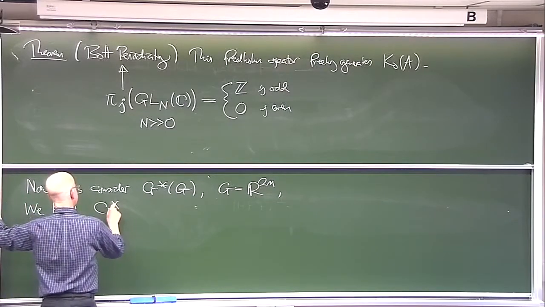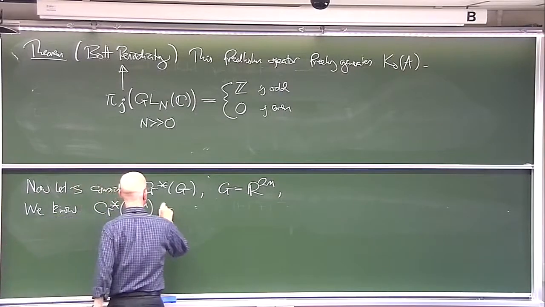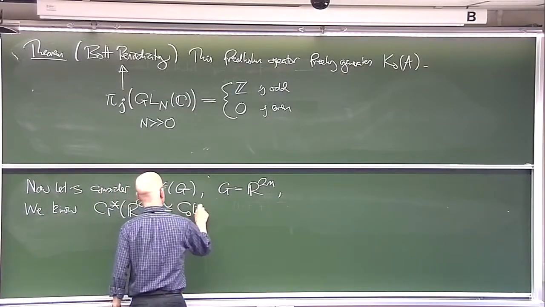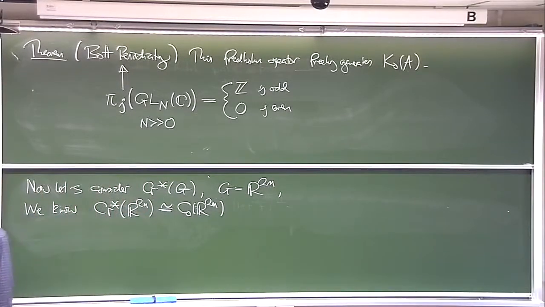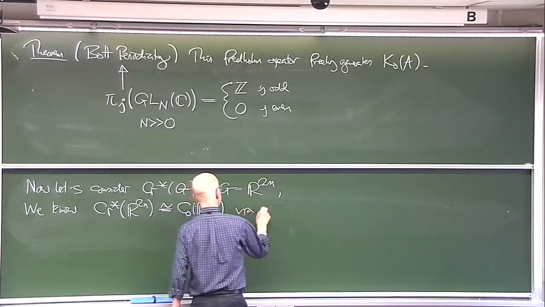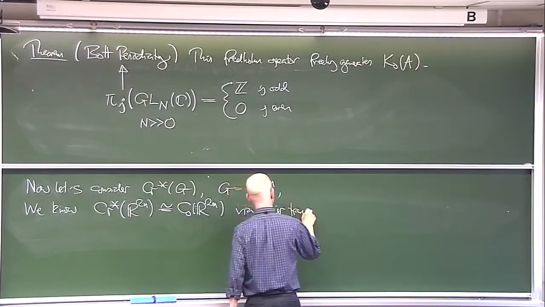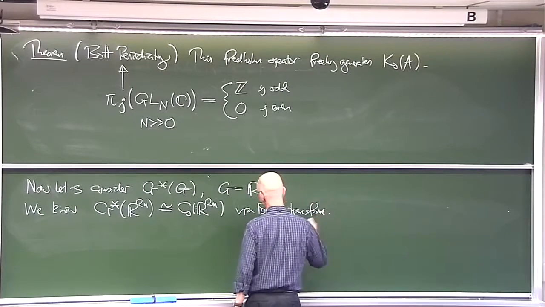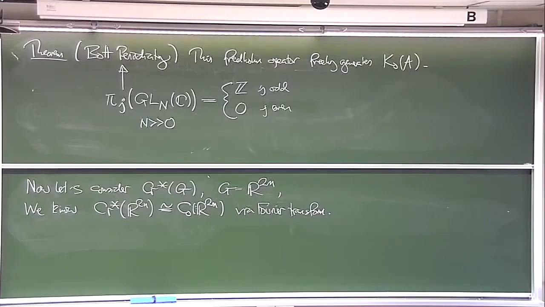Of course, this C-star algebra is isomorphic to the one we've just been discussing. It's just the same via the Fourier transform. We took a look at that at the very beginning. And so we can use the Fourier transform to translate everything we were just talking about, including this strange encounter with homotopy theory.